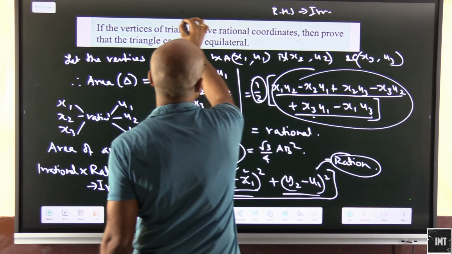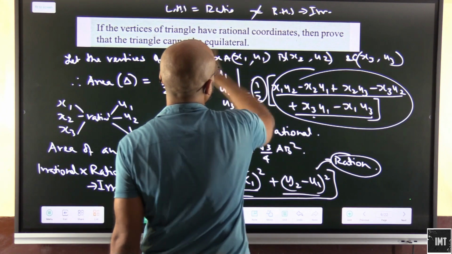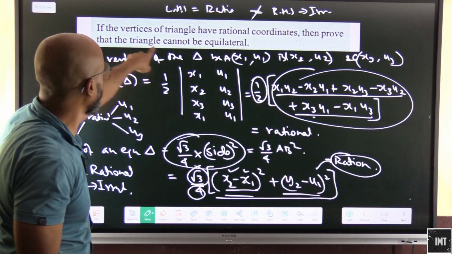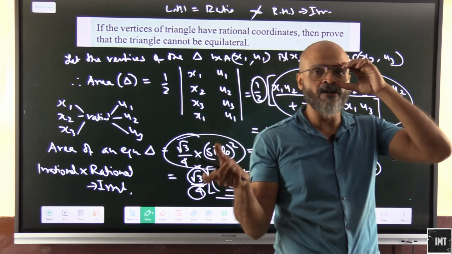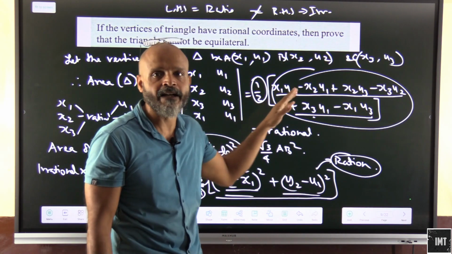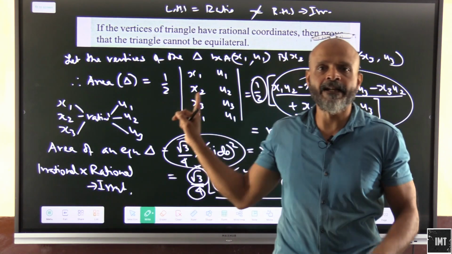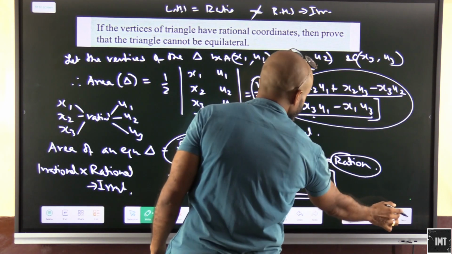On LHS we have a rational result, which is not possible. Therefore proved, if the vertices have rational coordinates, then the triangle cannot be equilateral.